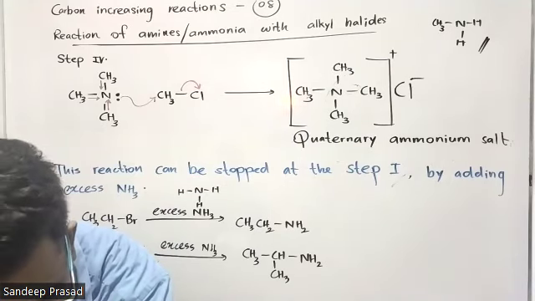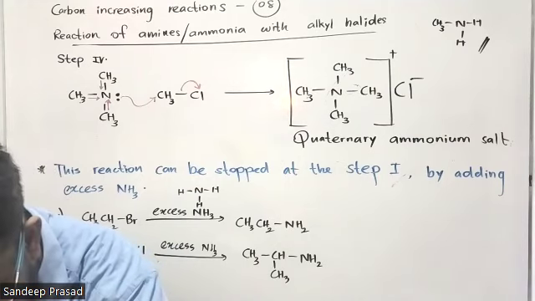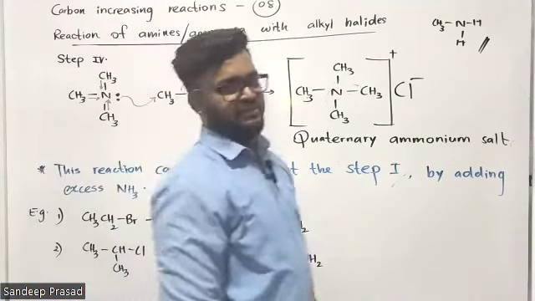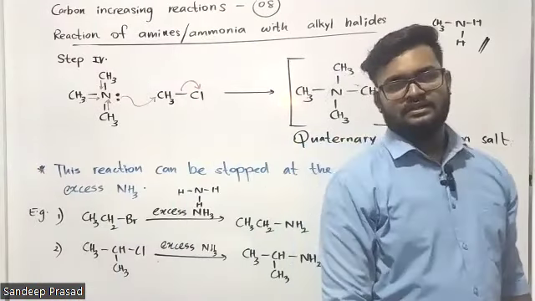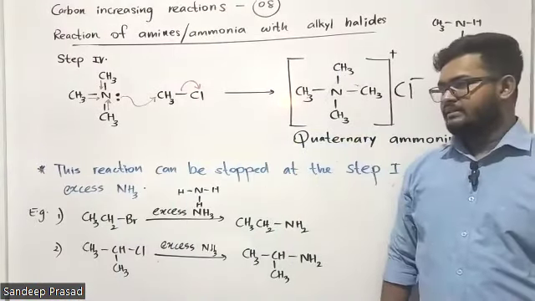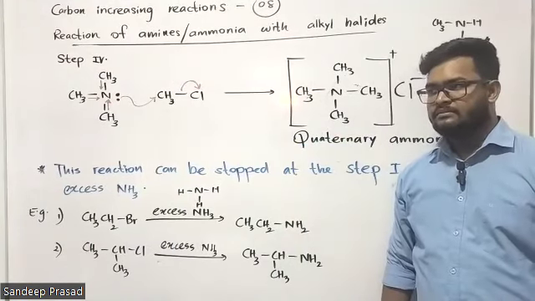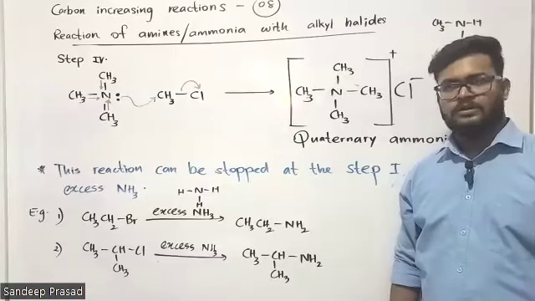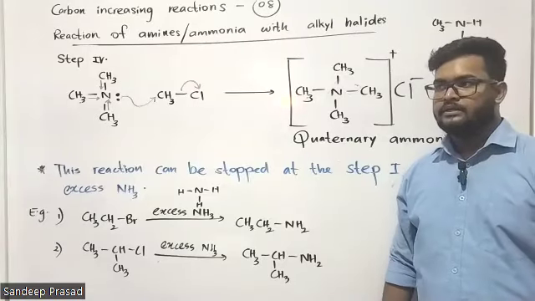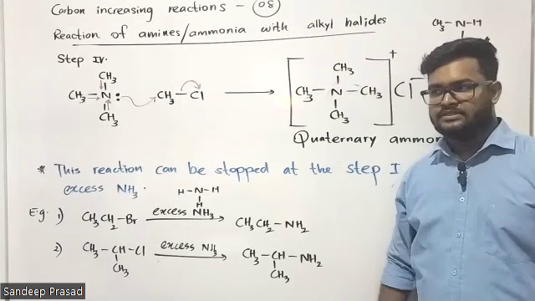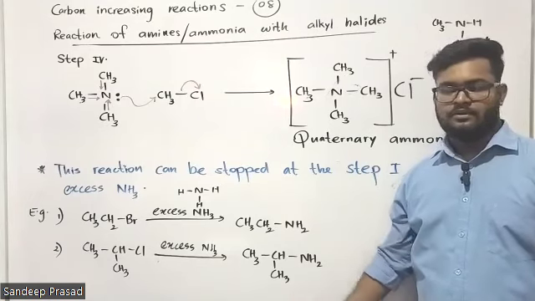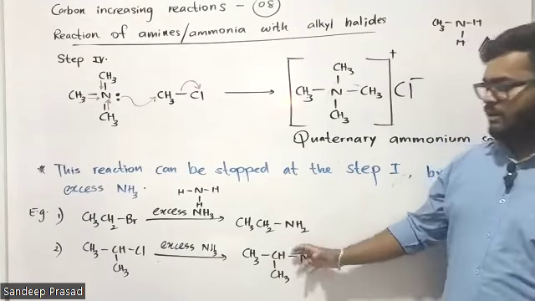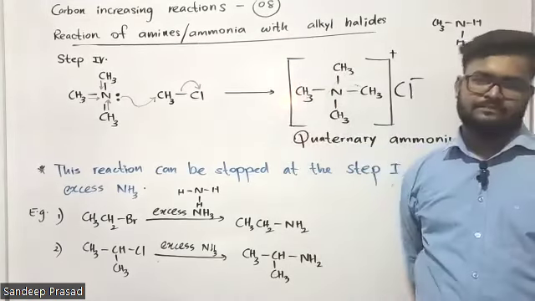So what must we do if we want a secondary or tertiary amine? We can't take secondary or tertiary amine. It's not possible. Maybe there can be methods, but we don't know exactly what the methods are. Honestly, I also don't know that one. Maybe there are some methods, or there may not be methods to obtain secondary or tertiary amines, but we can stop at the first step.